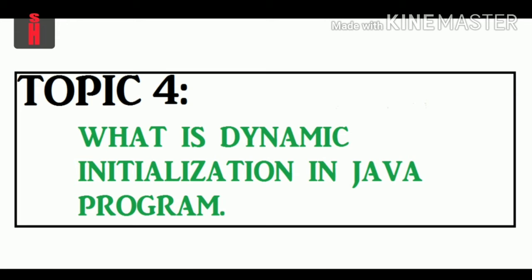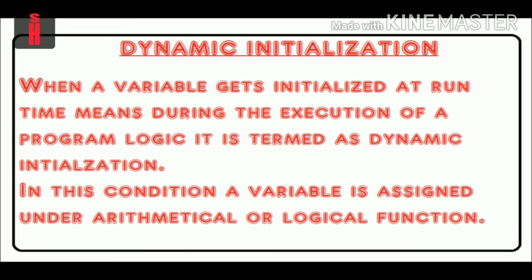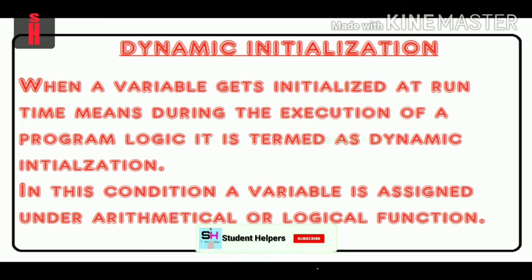Now moving towards the fourth topic, that is what is dynamic initialization in a Java program. After the end of static initialization, we are now going to learn dynamic initialization.